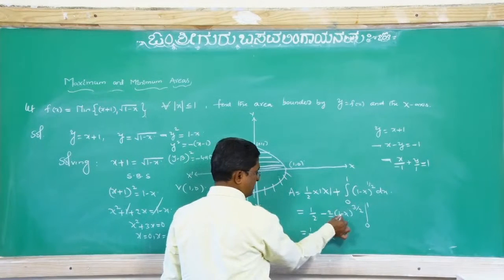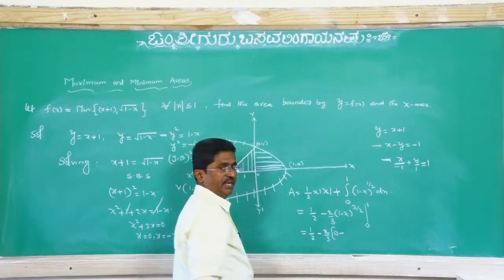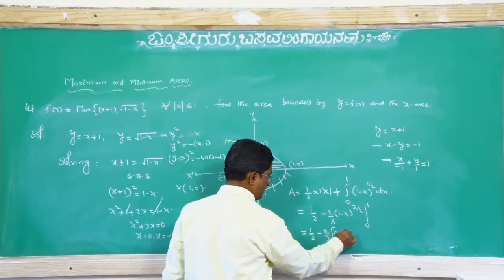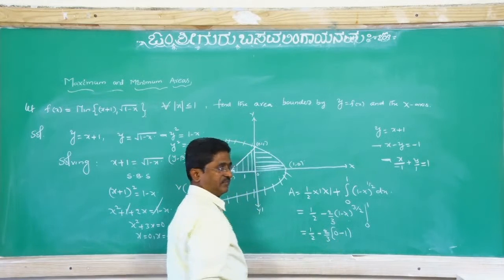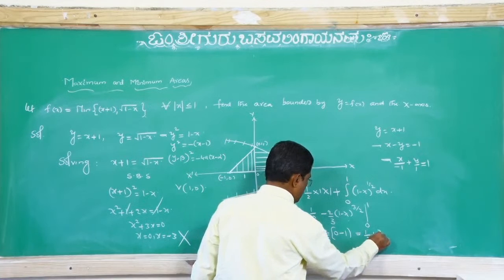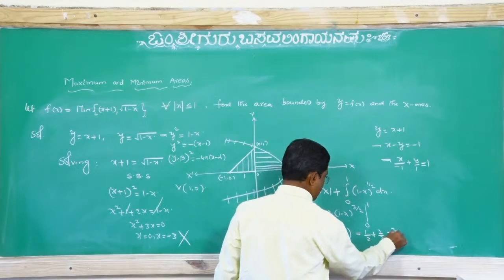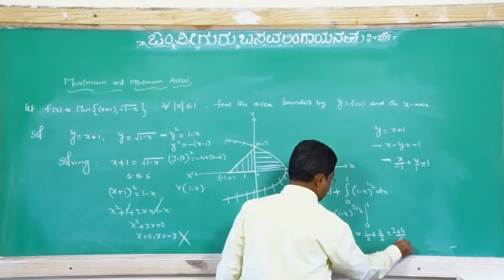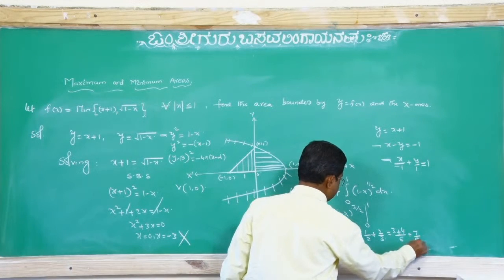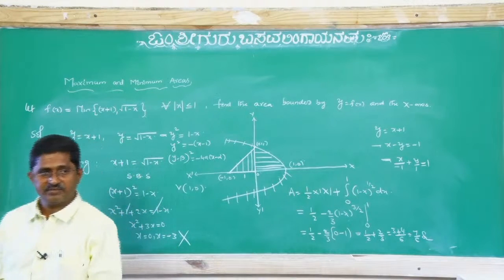When we substitute x equal to 1, 1 minus 1 becomes 0. Lower limit, when we substitute x equal to 0, this becomes 1. So, this is equivalent to 1 by 2 plus 2 by 3. Finding the LCM, this is 3 plus 4 divided by 6, nothing but 7 by 6 square units.